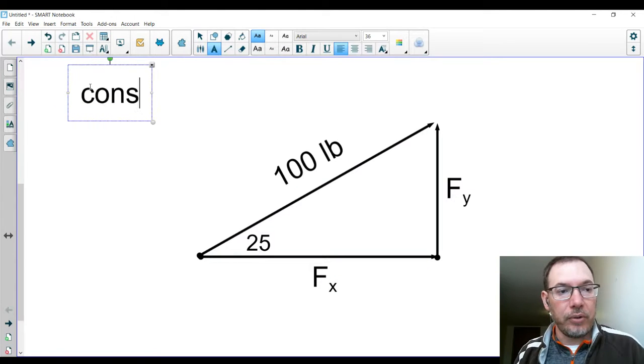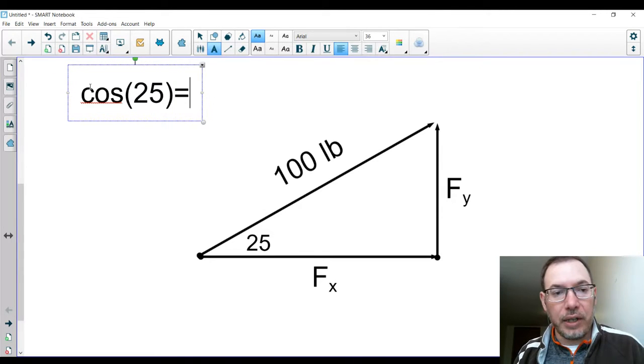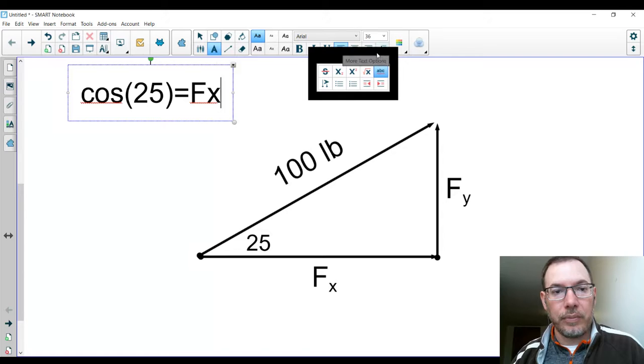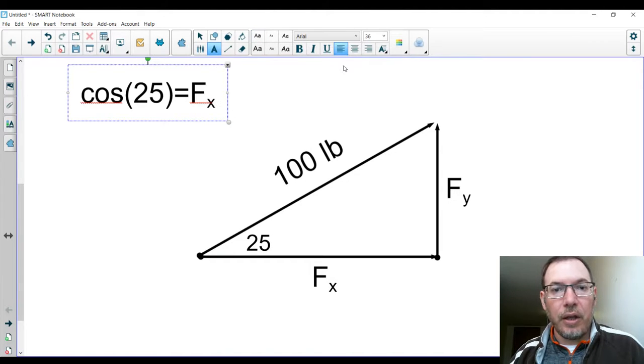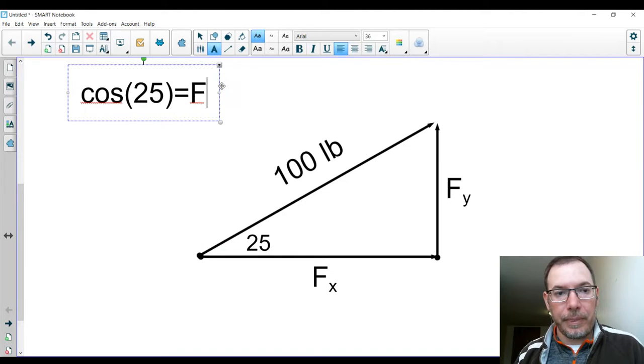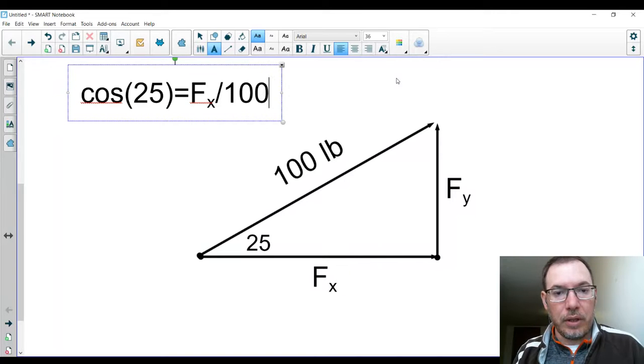Because we say, cosine of my angle, so cosine of 25 degrees, is going to equal the adjacent side divided by the hypotenuse. So that's what we know: the cosine of my angle is the adjacent divided by my hypotenuse.